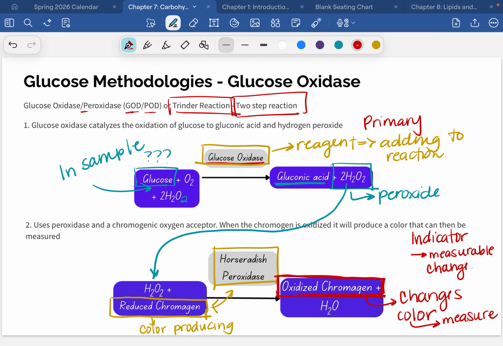You will get a lot of experience with this. We'll do this many times in lab. That's the point of lab: you will add these reagents to patient sample and watch the colors change as the reactions happen. And when we start doing this in lab, I think it's going to bring it back around for everybody.